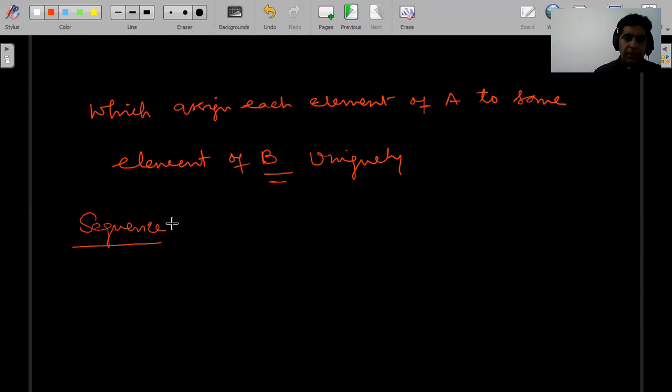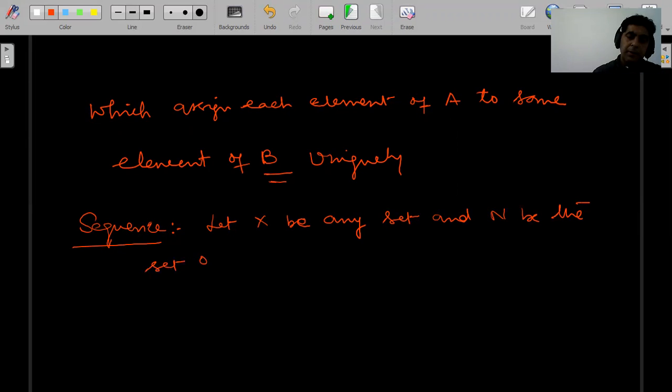Sequence. What is a sequence? Let X be any set and N be the set of natural numbers.